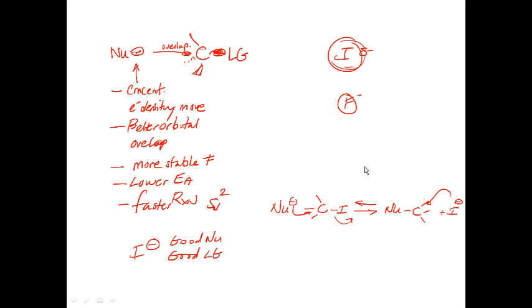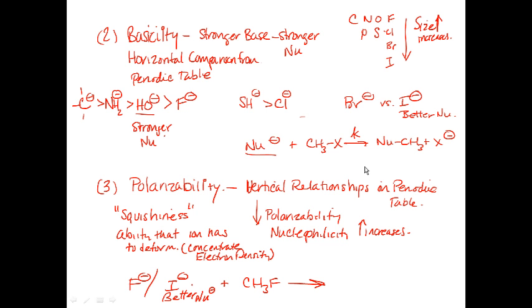Okay, but this is how we judge nucleophilicity. Number one, charge: negative ions are strong nucleophiles, neutral ones we call weak. After that, you have a horizontal relationship, and you make the comparison based on basicity: stronger base, stronger nucleophile.